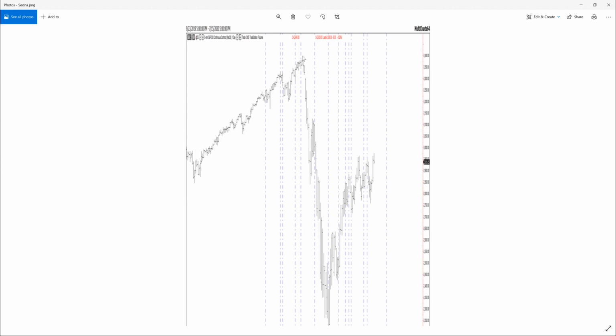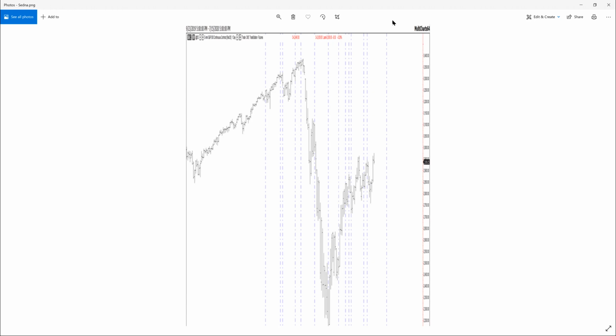In this case, it came in 2 days before the high in February, right where my cursor's at. Sedna changed speed 2 days before the high, and what happened right after that was the major crash move that we had. So something to look at.